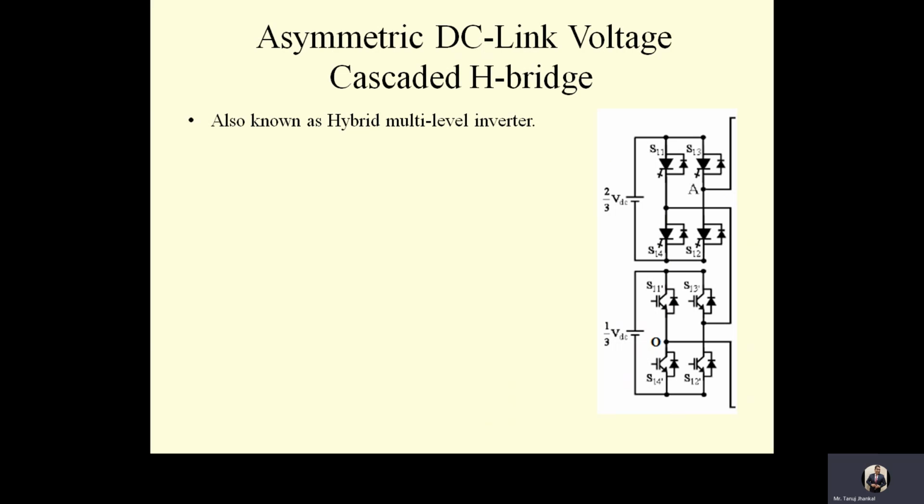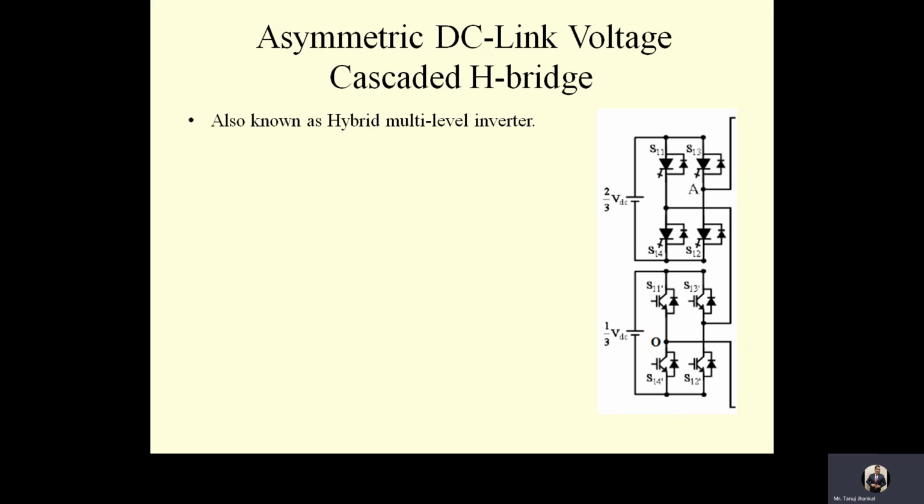In the 5-level topology as shown in the figure, the voltages of the 2 cascaded inverter cells are chosen in the ratio of 2:1. The voltage of the bottom inverter is equal to VDC by 3, and that of the top inverter is 2 VDC by 3.